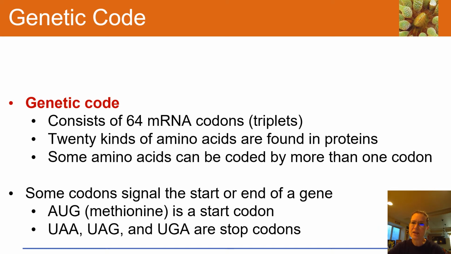AUG, or methionine, is the start codon. It's the molecular message that says we're starting here. Say we ate some cheese, and we have our lactose, and that lactose comes in and signals our cell, and then we go through the cascade, and the transcription factor pops out and goes to the DNA and says we're going to make this little chunk into a messenger RNA.